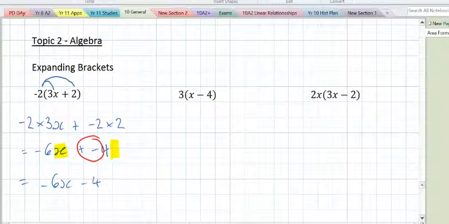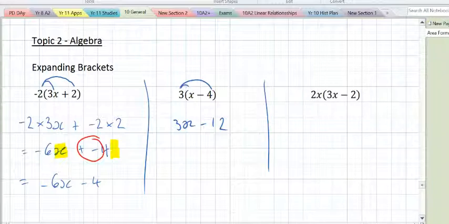That was a hard one to start. Let's do 3x, yes Brayley, well done. 3x, and then minus 12. One step, well done. And that's 6x squared, good. 6x squared, minus 4x.